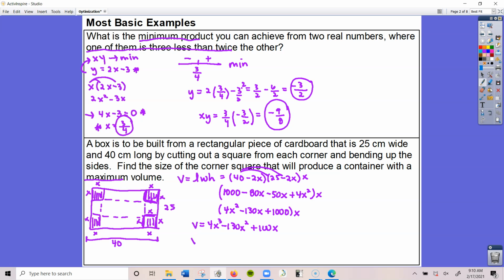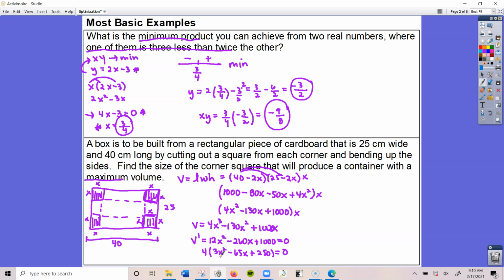Now let's get the derivative, which is going to equal 12x squared minus 260x plus 1000. All of these terms here are divisible by 4, so when I make this equal to 0, I am going to factor out the 4, which would give me 3x squared minus 65x plus 250.